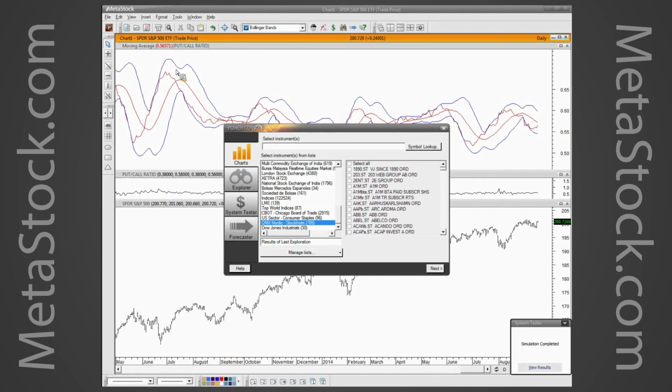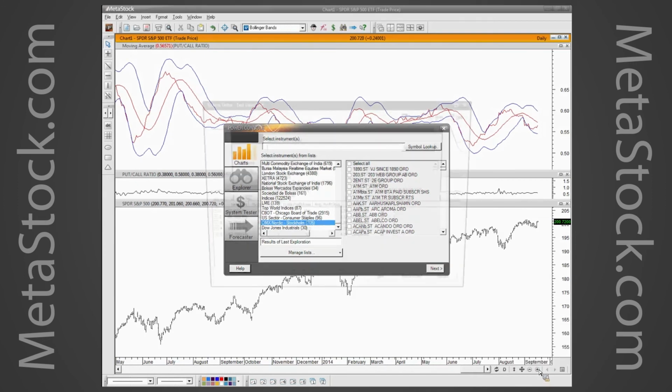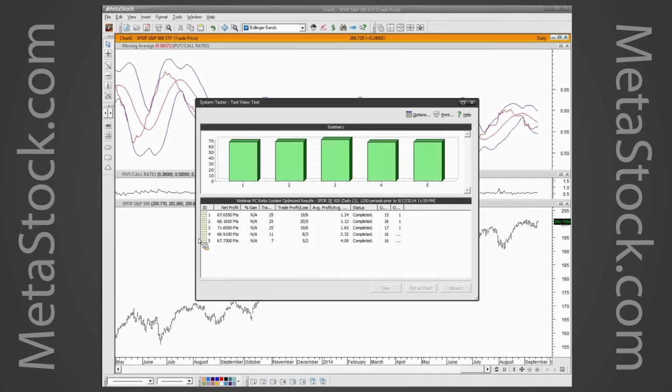So we're almost finished with this simulation. And then on our results now, our best result on that was 71 points. Still not quite as high as buy and hold, but getting a little bit closer.